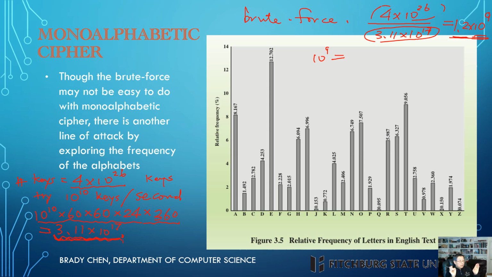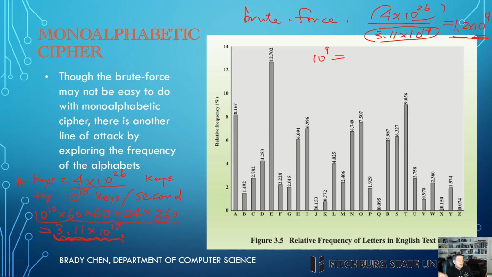Now, that means with brute force attack, the monoalphabetic cipher is secure. I'm saying it is secure with respect to the brute force attack. That's also called computationally secure, because the time spent on cracking the keys is unacceptable.